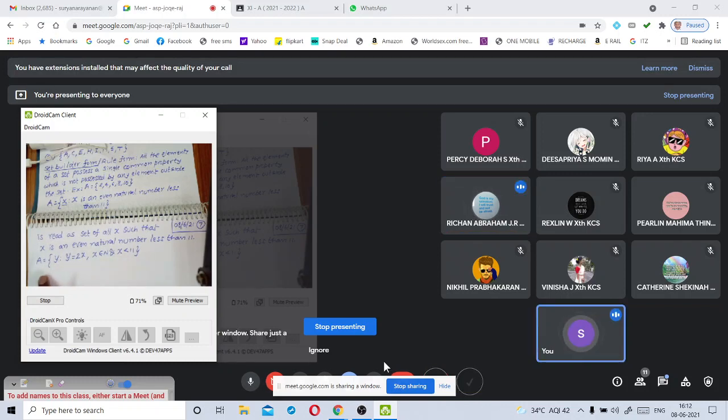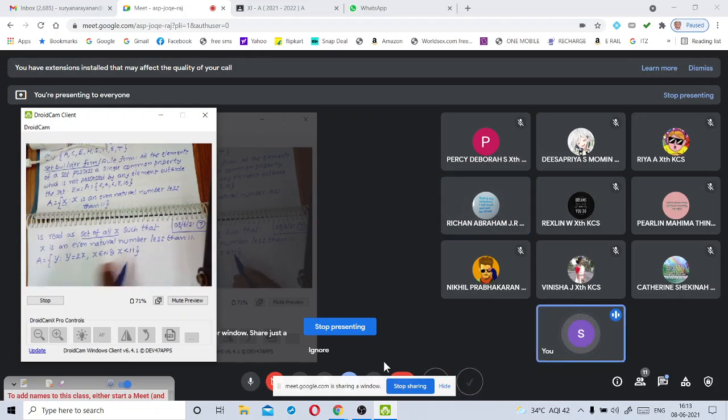First you read this part: set of all y such that y is equal to 2x, comma, x belongs to natural numbers and x less than 11.